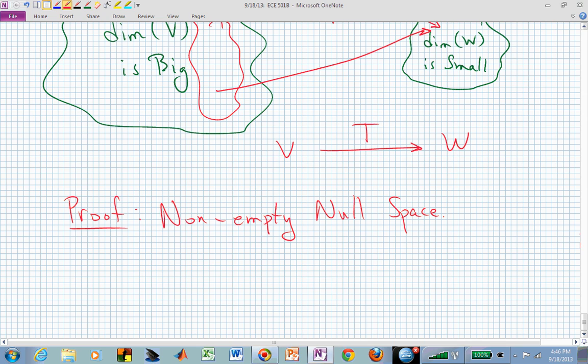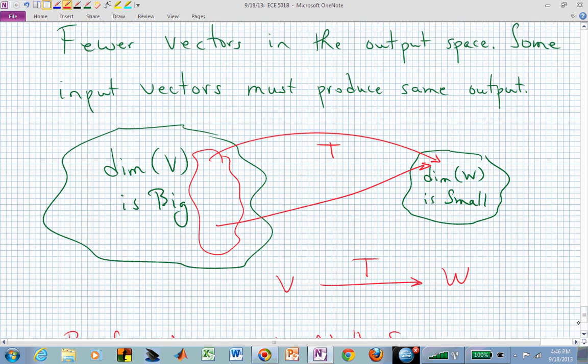But the earlier example really didn't have this. So this is not the picture from the earlier example, because the picture from the earlier example was a small domain into a huge codomain, wasn't it? And so in that case, you really can't make this claim as immediately. But in this case, you can say if you have a map from a big V to a small W, there's no way that can be an injective map. You can just make that claim.